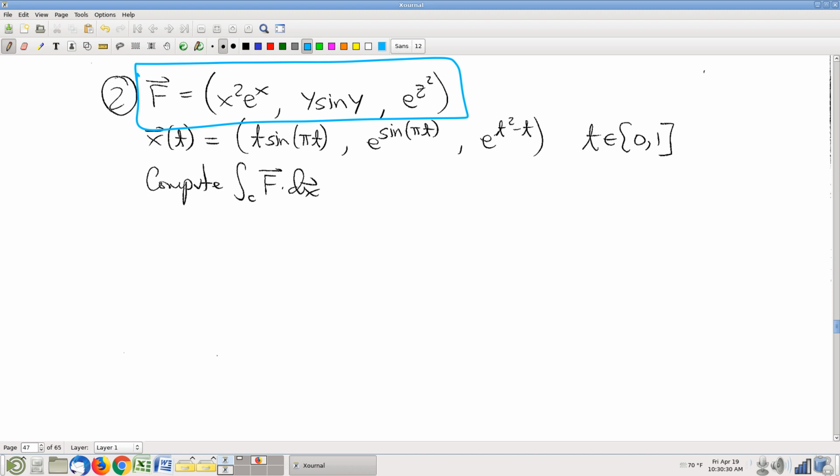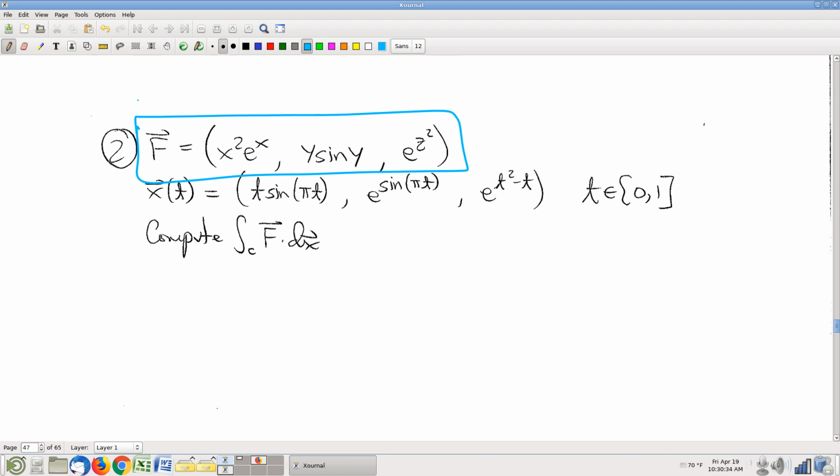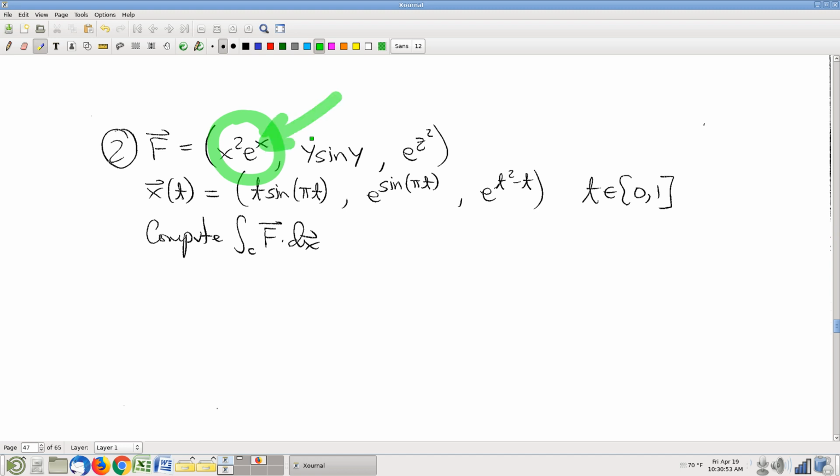Nobody? 0. Yeah, very good. Okay, let me show you why this is 0. We're taking various partial derivatives, right? But notice we're always taking kind of off partials. So we're taking the y partial of the z component, and we're taking the z partial of the y component. And since there are only x's in here, the y partial is going to be 0, the z partial is going to be 0, because there's no y's and there's no z's.